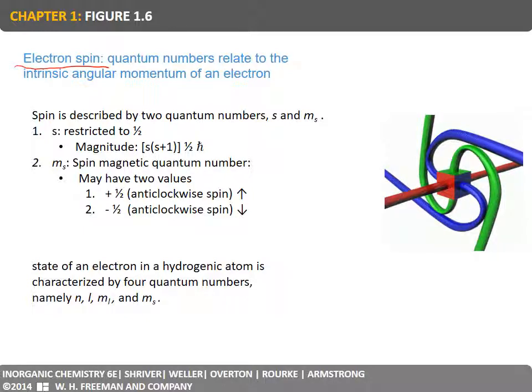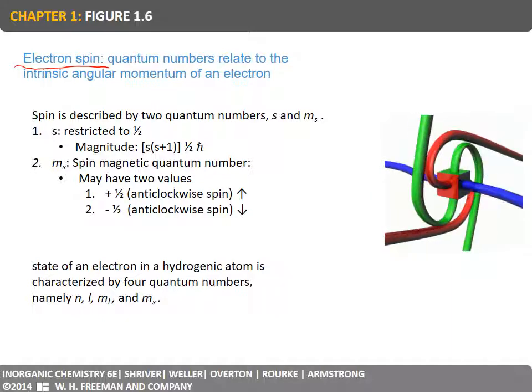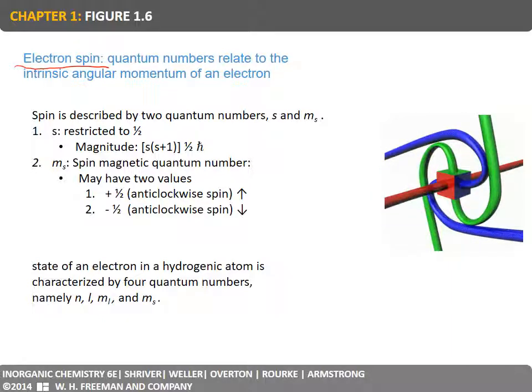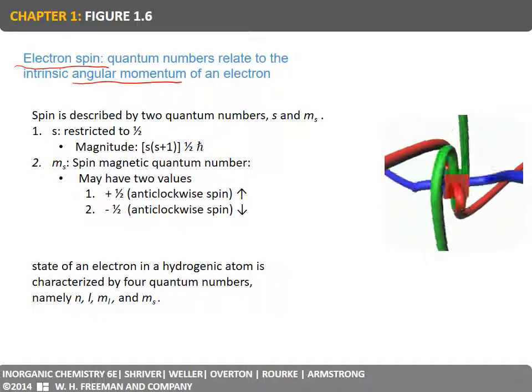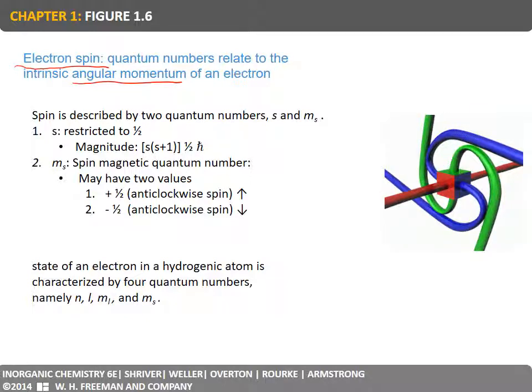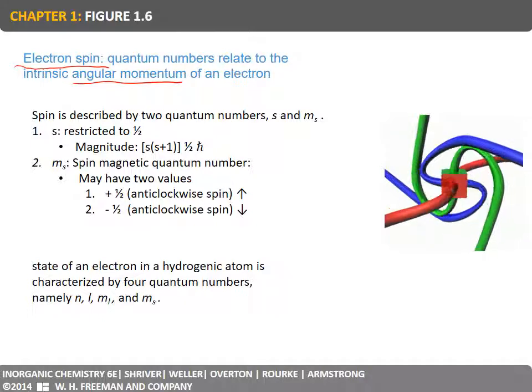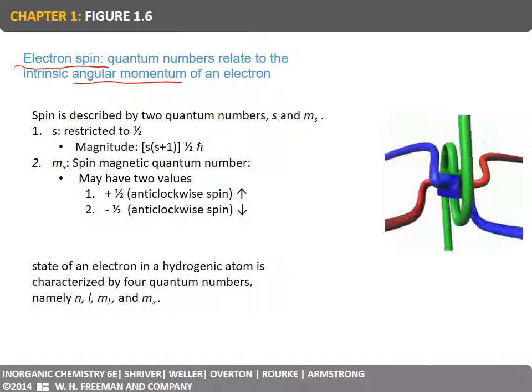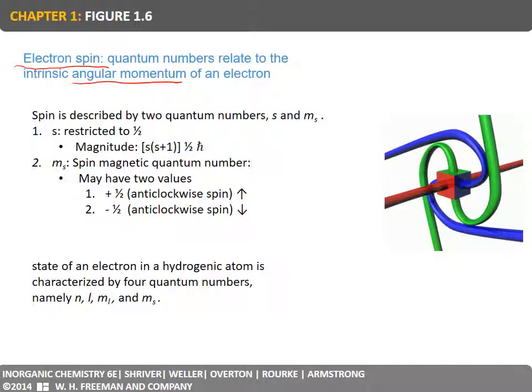Electron spin, quantum numbers related to the angular momentum of an electron. Angular momentum, we have to be careful about this term because in this particular context it is a quantum number, and one has to be careful not to think about it as a motion of a planet, for example.